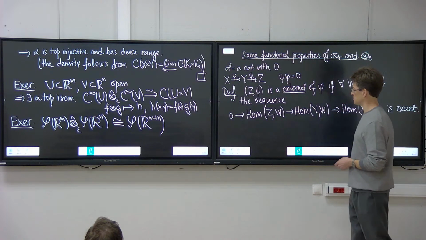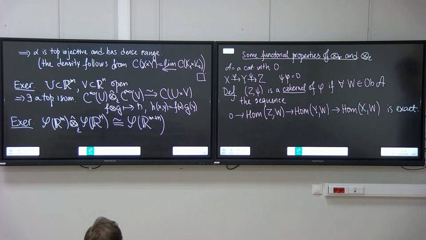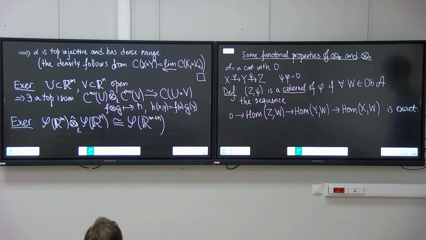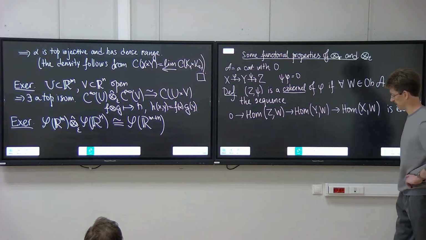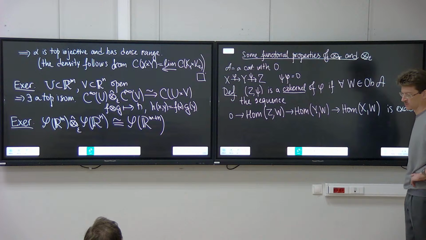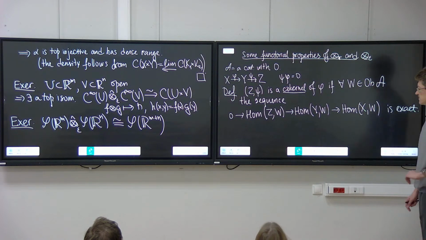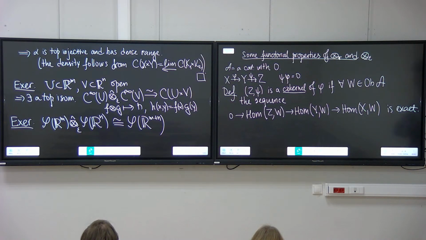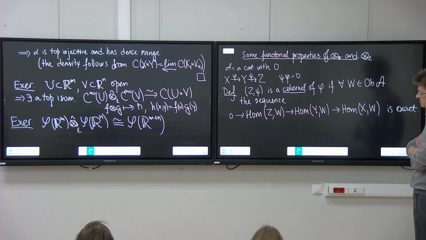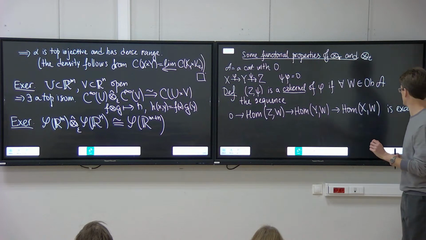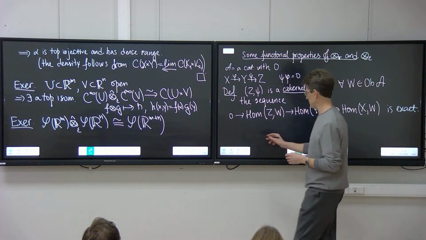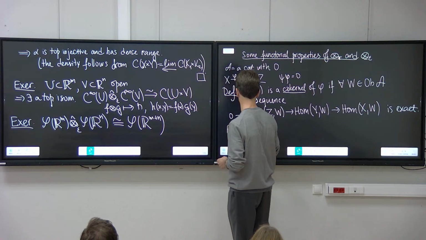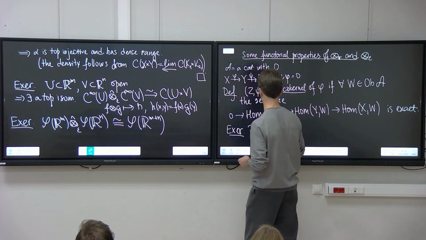Since A is not assumed to be additive, the Hom sets are not abelian groups in the general case, but they are pointed sets. They are sets with a distinguished base point, and the distinguished base point here is just the 0 map. And for sequences of pointed sets, we may define the notion of exactness in exactly the same way as in the case of abelian groups. Okay, a simple exercise is to understand that this definition is equivalent to our earlier definition of a cokernel.